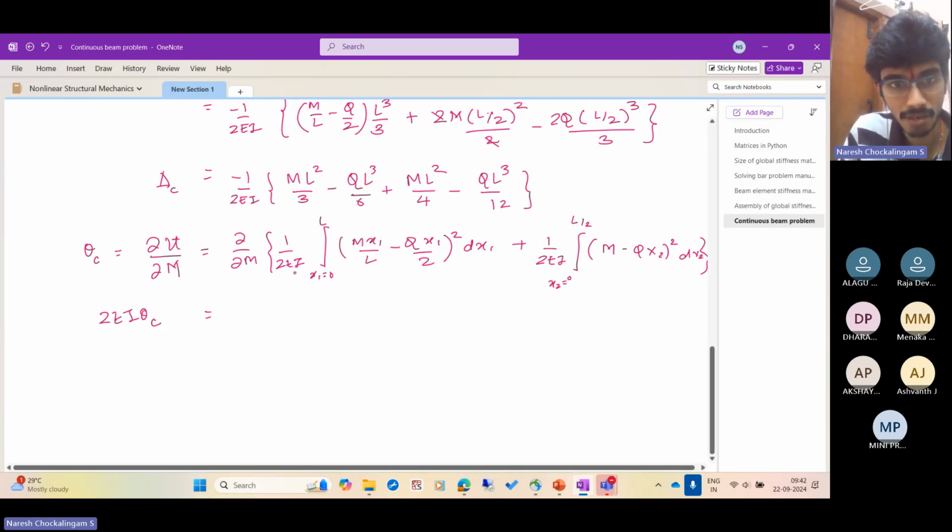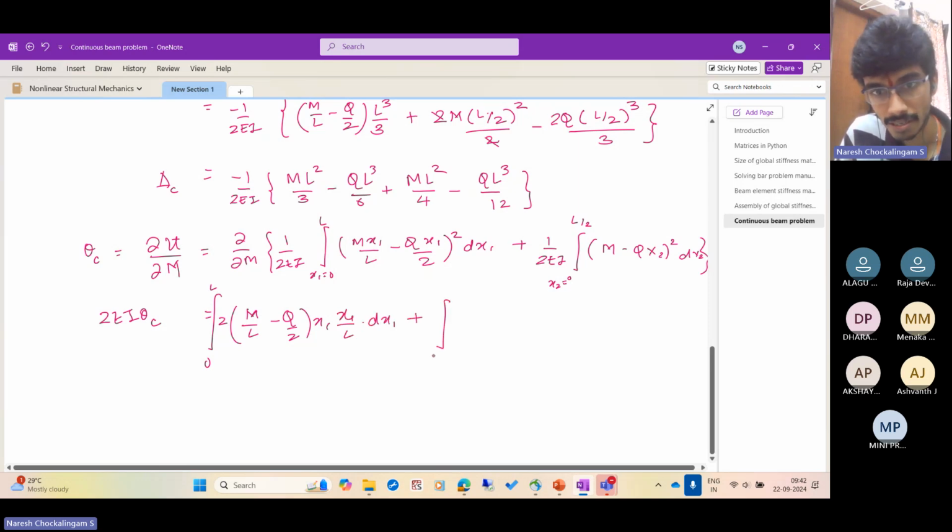So the first one will return 2 times (m by L minus q by 2 x1), and you differentiate whatever is inside, you get an x1 by L, dx1, plus integral 0 to L by 2, you'll get 2 times (m minus q x2), and you differentiate this, you just get a 1. So it is just dx2.